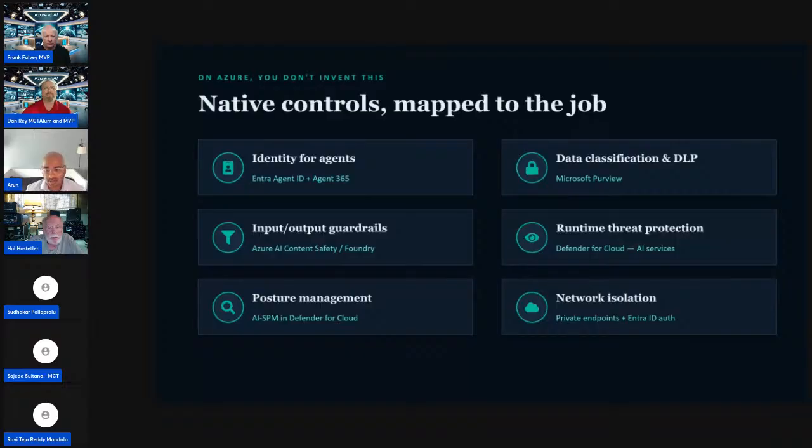Okay, and posture management, again, Defender for cloud can be enabled for posture management, so it will monitor what's going on in the AI agents, and if any vulnerability or anything is detected in the agent itself, it's going to tell you. You can see the Defender for cloud dashboard or the XDR dashboard to find out that. Network isolation, again, based on the identity, you can create private endpoints using Entra ID authentication by default, which has MFA and all those stuffs. So yeah, network isolation is possible as well using native controls in Microsoft today.